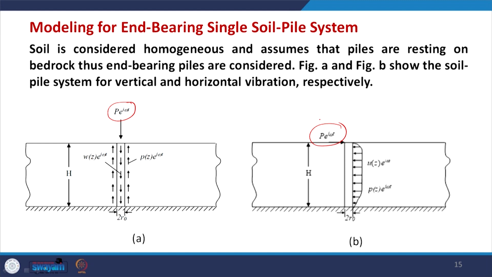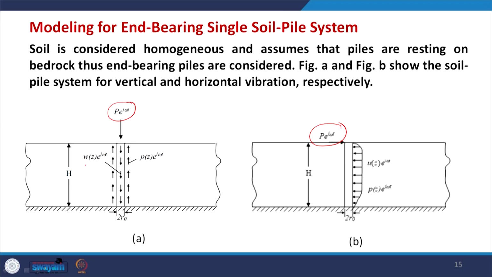In the first case, when you apply the load from the top, what will happen? This load will try to push the pile down. As a result, the displacement will occur in the vertical direction, downward, which is shown here. The displacement is shown by w(z) e^(i omega t), and z is basically depth.